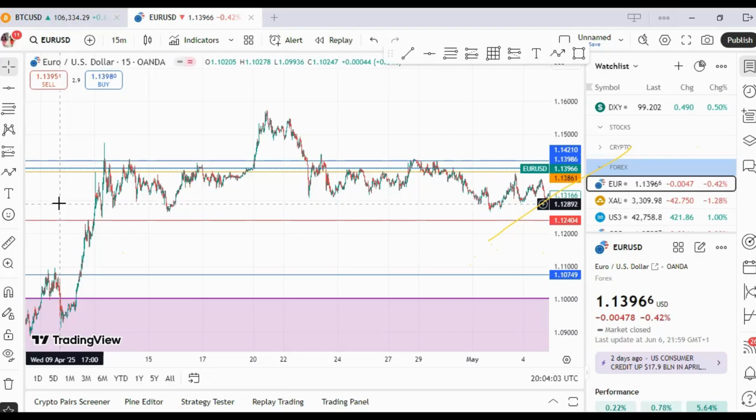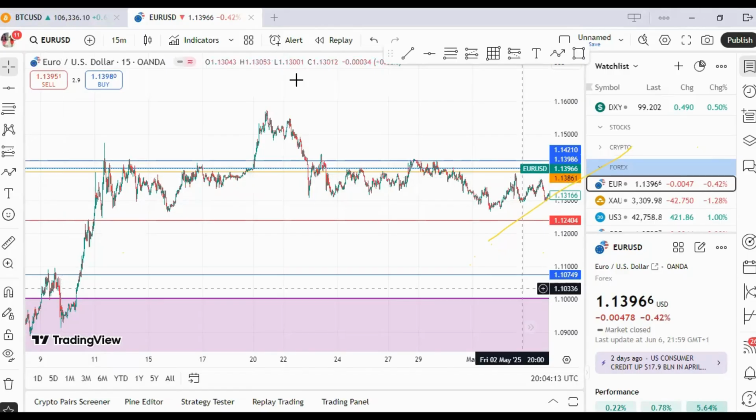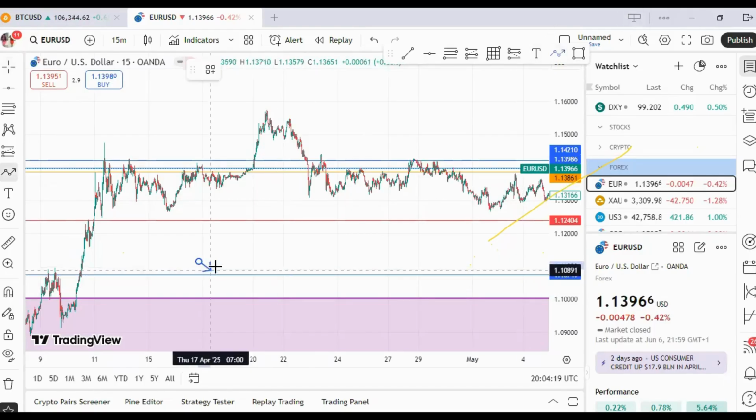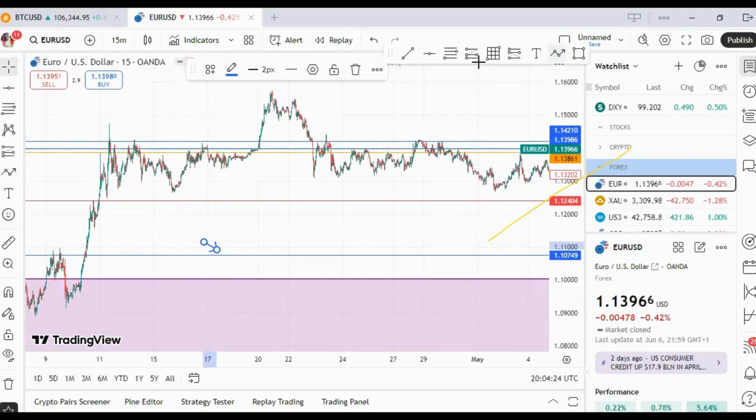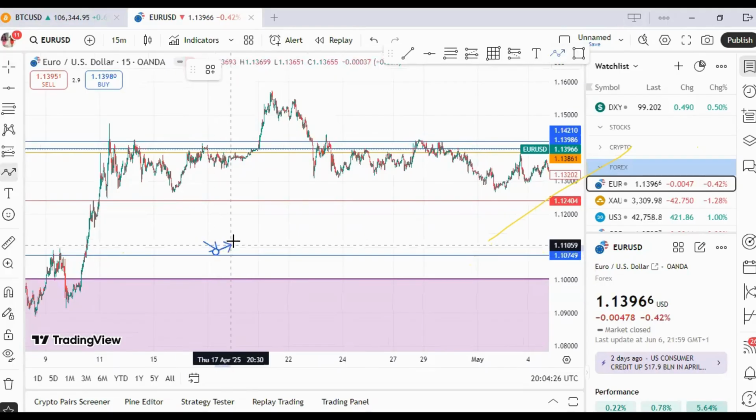David, you're asking me what is consolidation. Consolidation is this. Let me go and share my notes. Let me just do it here. This is consolidation when the market is consolidating in a particular place.